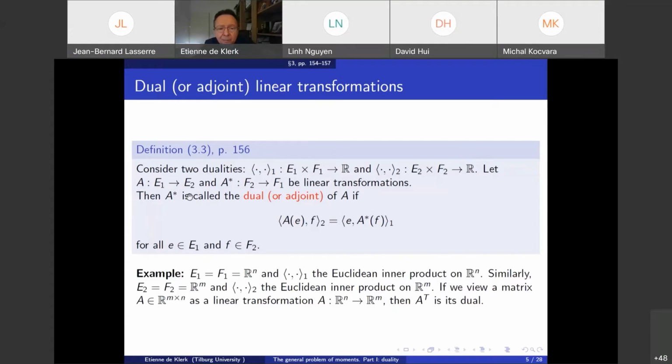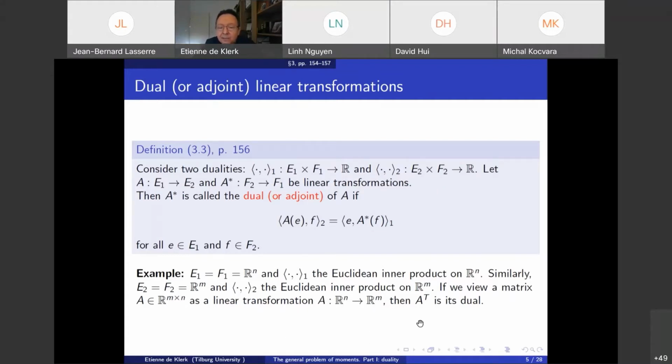So for example, if we take the two spaces E1 and F1 equal to Rn, and the two spaces E2 and F2 equal to Rm, and we take the first duality to be the Euclidean inner product on Rn, and the second duality to be the Euclidean inner product on Rm, then if we view the matrix A as a linear transformation in the usual sense, A maps a vector in Rn by multiplying A by the vector, and you get something in Rm.